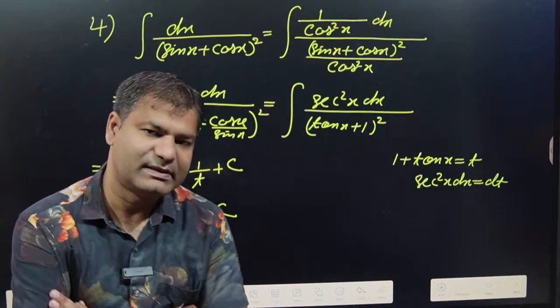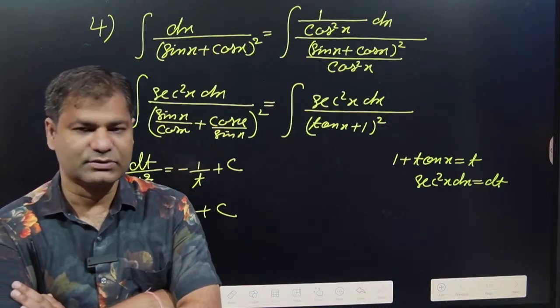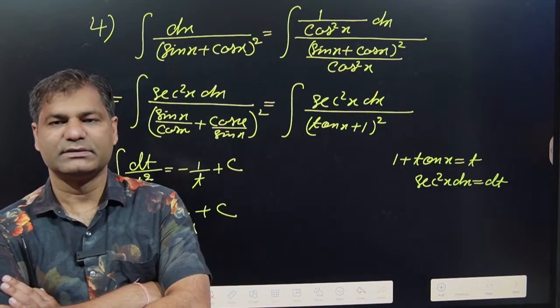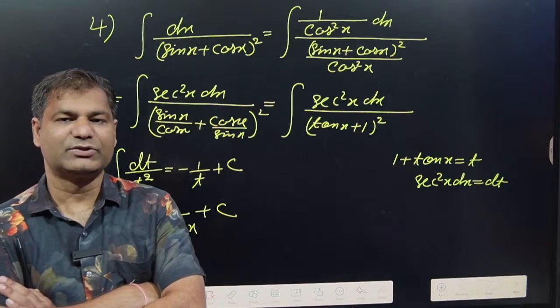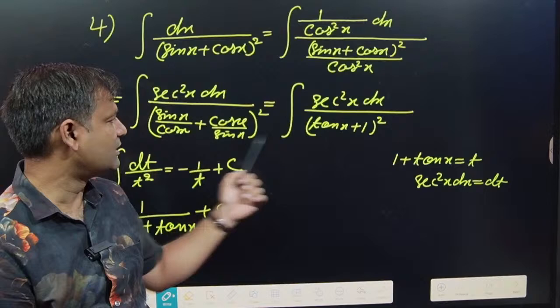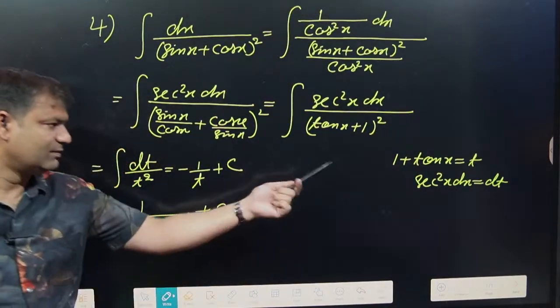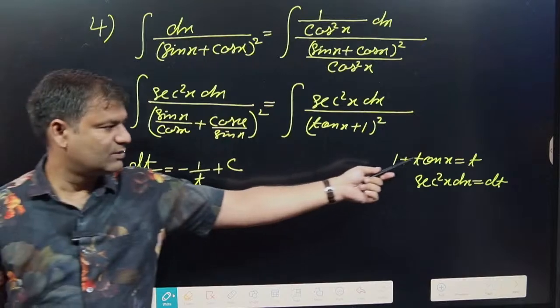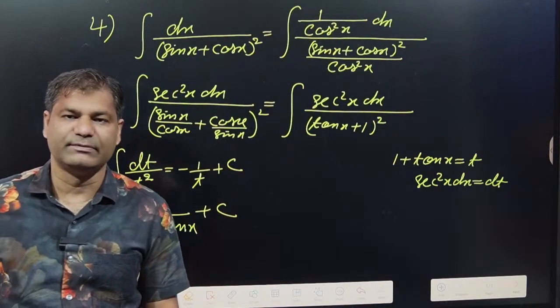After that, divide numerator and denominator by cos square x, and we get the same thing once again. Finally, take 1 plus tan x as t, so sec square x dx is replaced by dt.